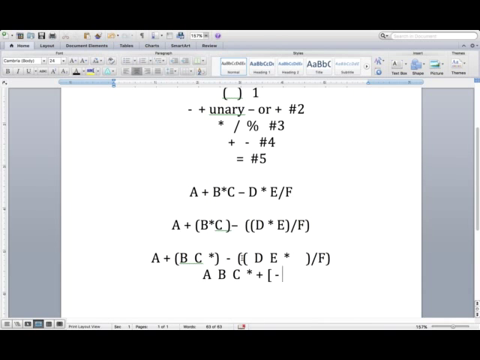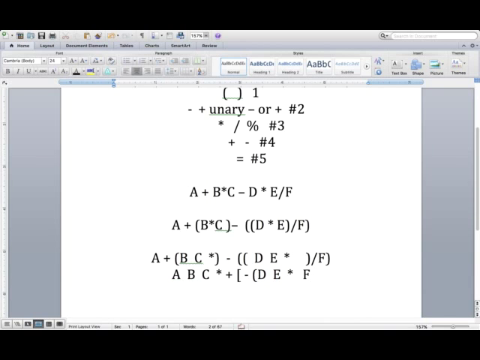And now I do the postfix form of this one. So really it's multiplication of these two divided by F. We will write it in this form, that it would be multiplication of D and E, and this whole thing divided by F. So I'm going to put it in this form, that after they got multiplied, I'll have F, and this operand and this operand will get divided by that.